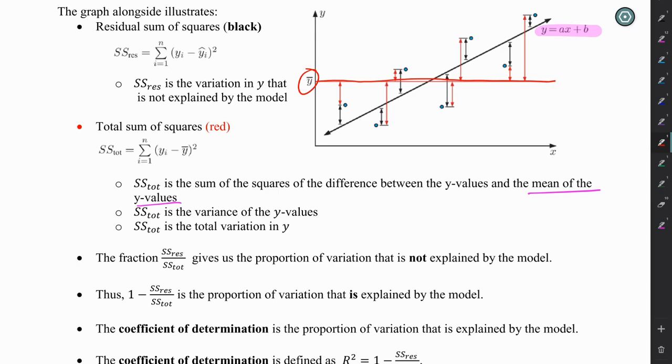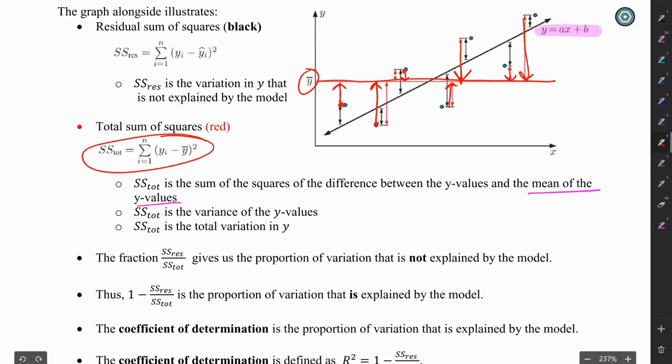From there, for the total sum of squares, we go from each point up to that red line, or down to it. It's how far away from that average I am.